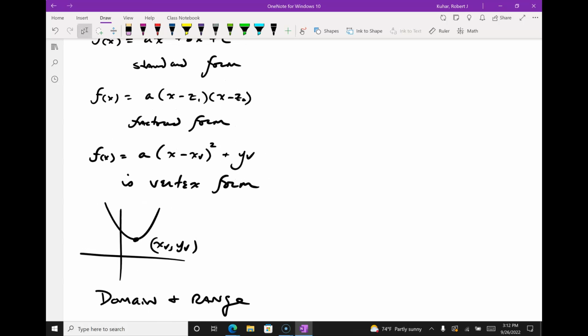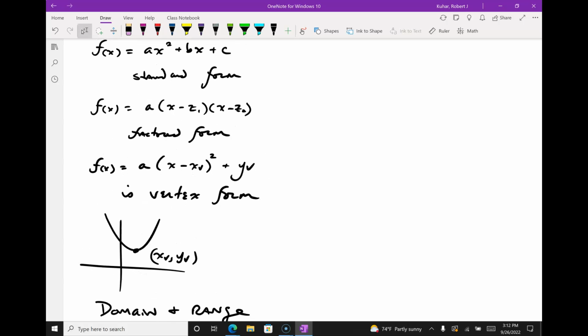So z sub 1 meaning first zero, z sub 2 second zero, x sub v meaning the x coordinate of the vertex, y sub v the y coordinate of the vertex.